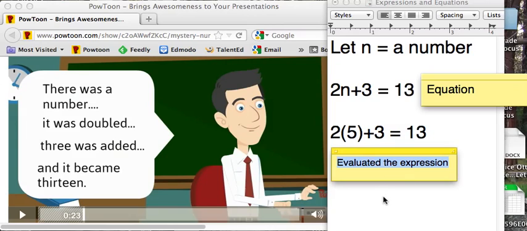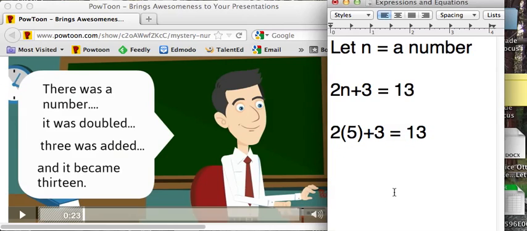Let's see what would have happened if we would have put a different value in. Let's say, for example, we put in 6. Does this make a true statement? 2 times 6 is 12 plus 3 is 15. 15 does not equal 13, so that's not a solution.